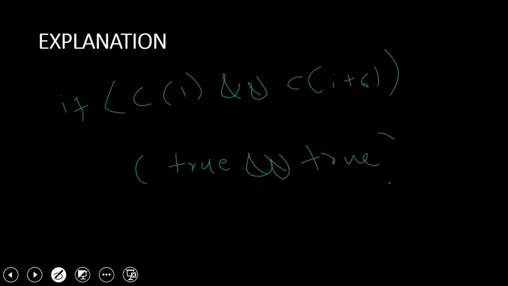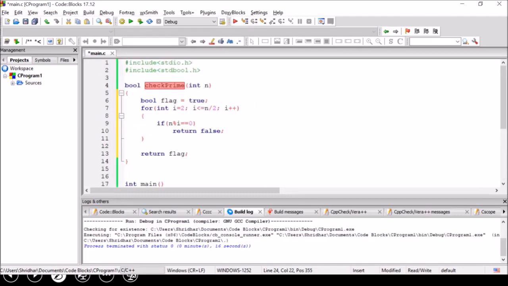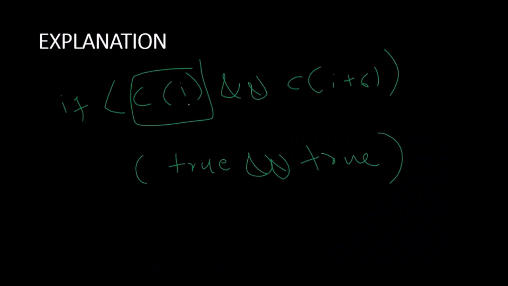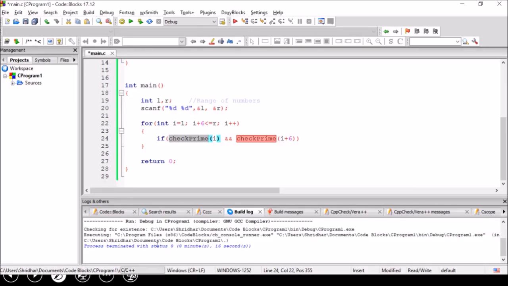If both are prime numbers, this check prime function, as we have seen, will return either a true or false value. And if both are true, that is a 1 and 1 operation, this if condition will become true, and that is when we are going to print those two, i and i plus 6, onto the screen as sexy primes.